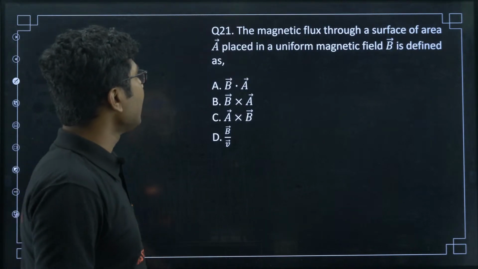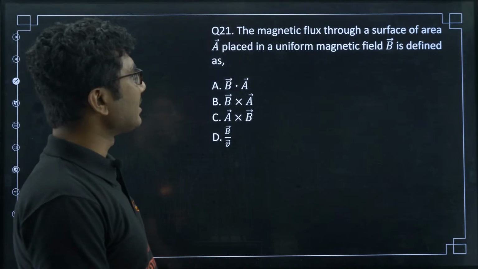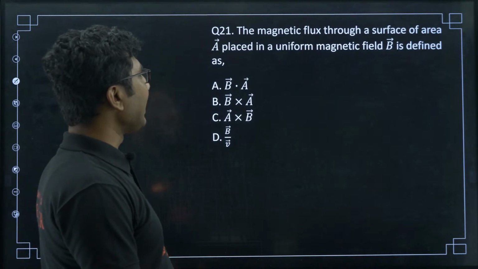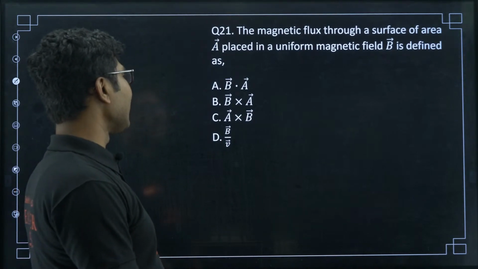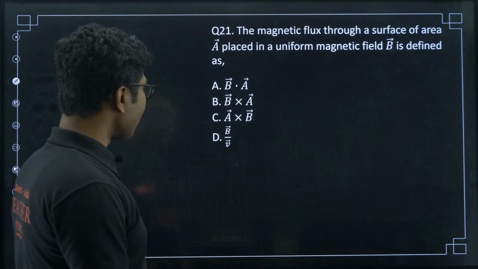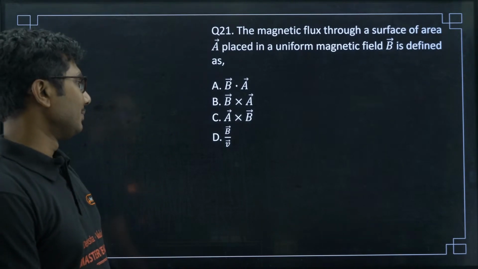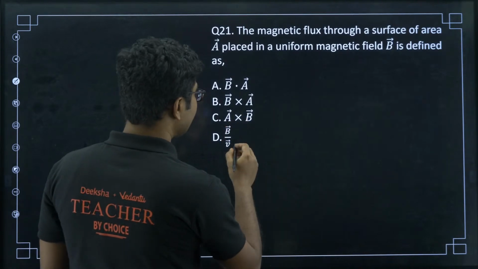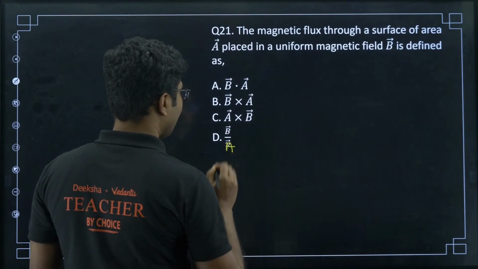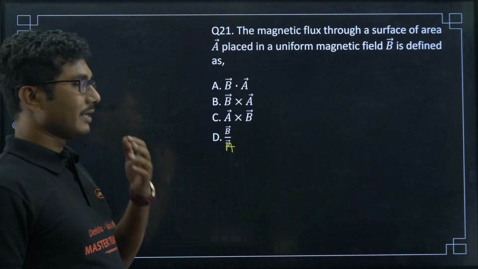Now, next question: the magnetic flux through a surface of area A placed in a uniform magnetic field B is defined as B dot A, B cross A, A cross B, or B by A. B by A is wrong anyway, because it is B vector by A vector.